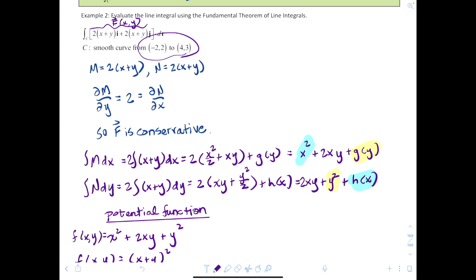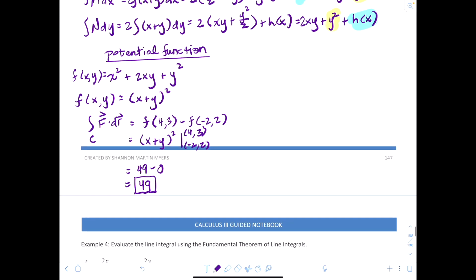So we had to get our potential function. All right, so example 4, evaluate the line integral using the fundamental theorem of line integrals. All right, so here we go.